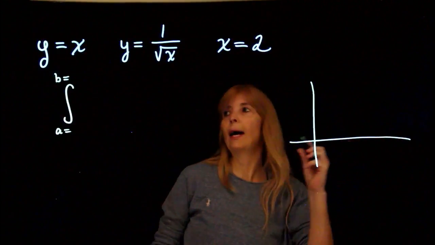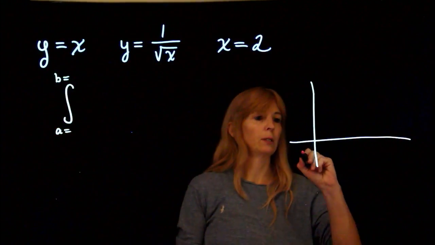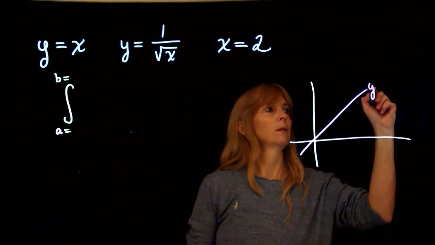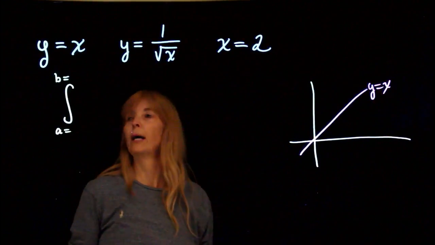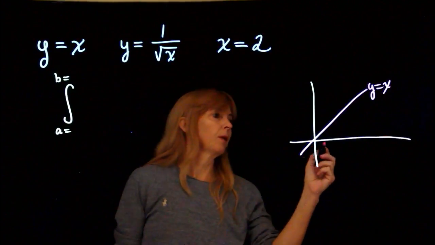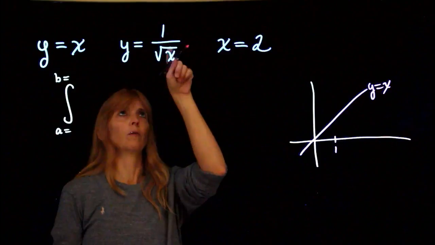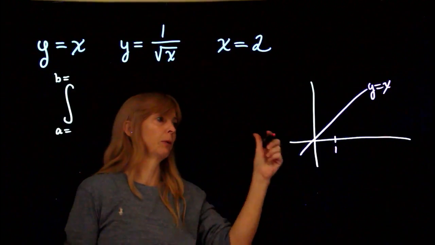So if I graph, and certainly y equals x is pretty easy to graph, right? Because that's that line, y equals x. If I want to graph 1 over the square root of x, well, think if x equals 1, and I plug in a 1 here, 1 over square root of 1 would be 1 over 1, which would be 1.